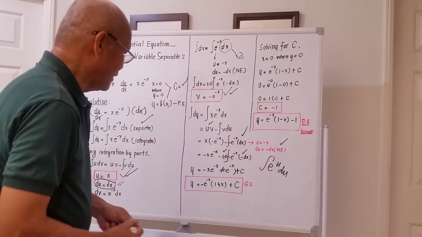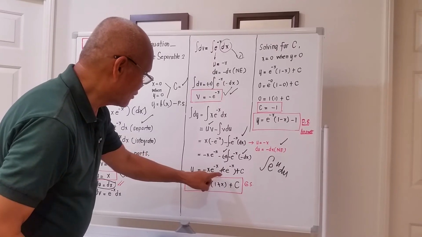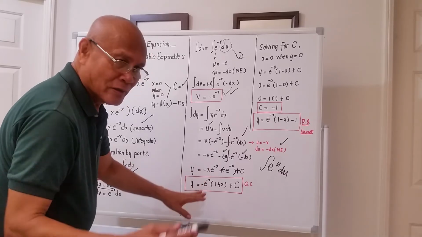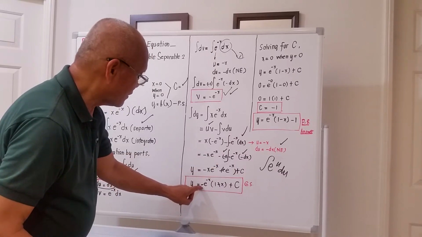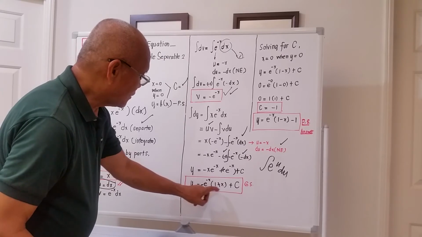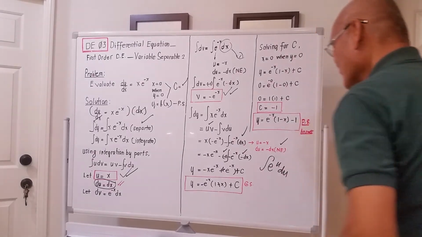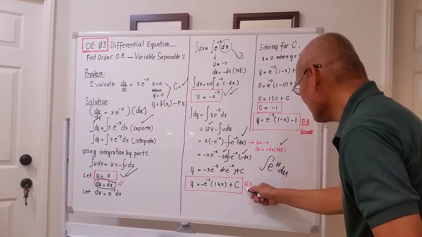Sorry for that one. This should be negative, because plus and minus will be negative. I factor out the common factor e to the negative x, but this is supposed to be preceded by a negative sign, 1 plus x, plus c. So that's the general solution.